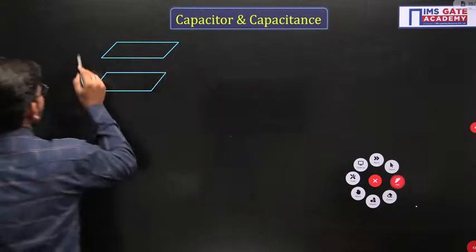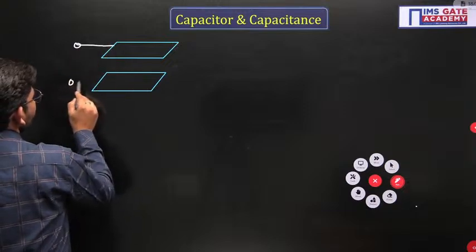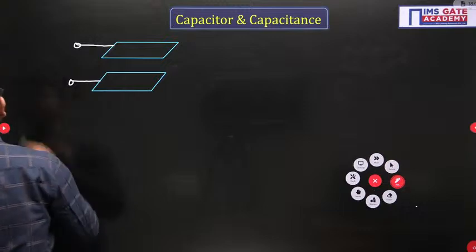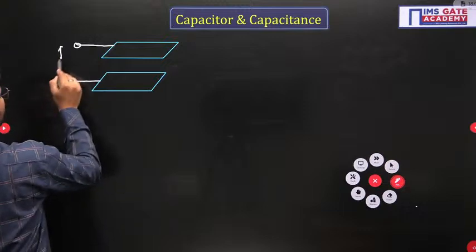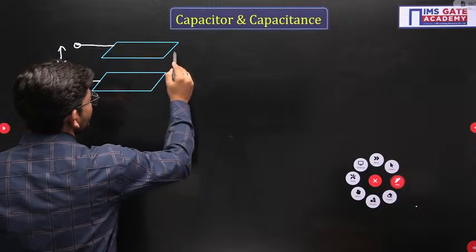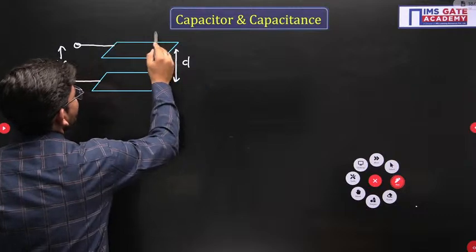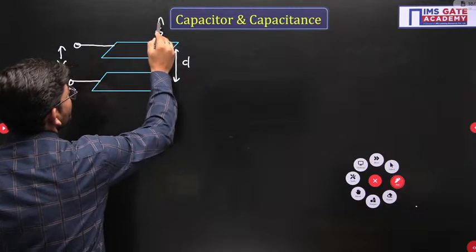Now this plate and this plate will be given some potential. Let us suppose that this is the applied voltage between them, and this is the distance between them. The distance between the plates is D, and the area of the plate, the cross section of the plate, is A.